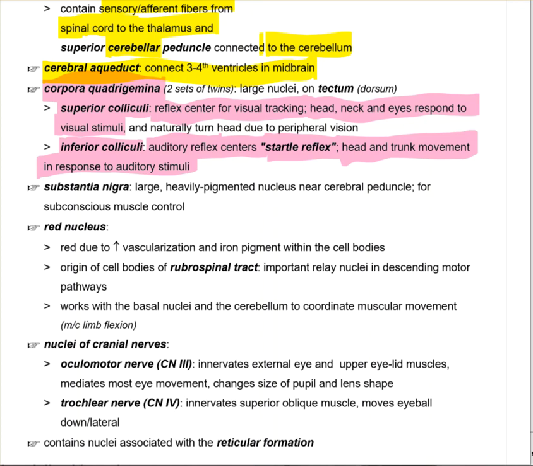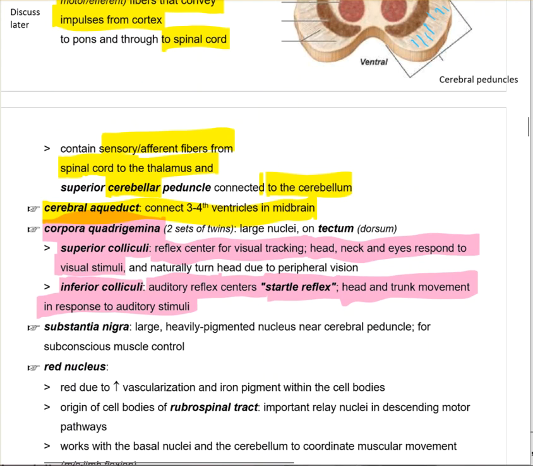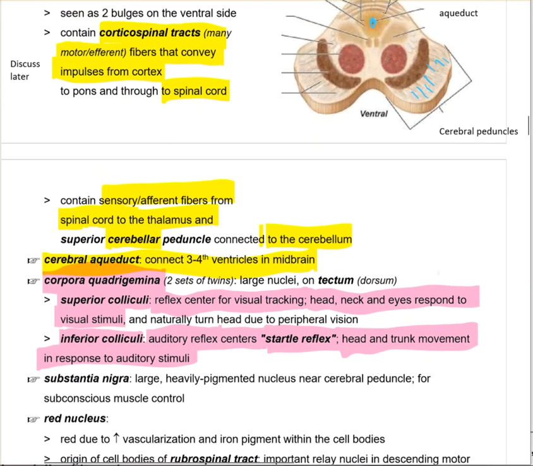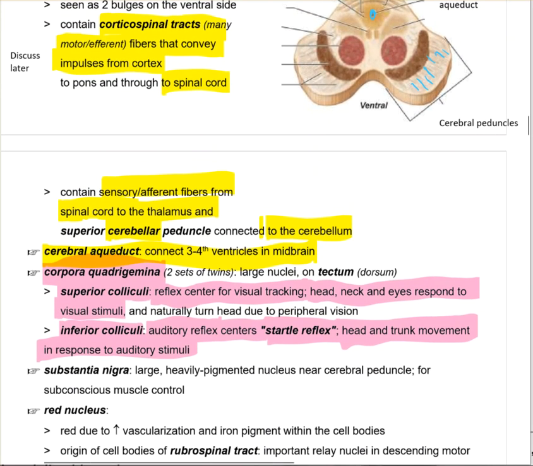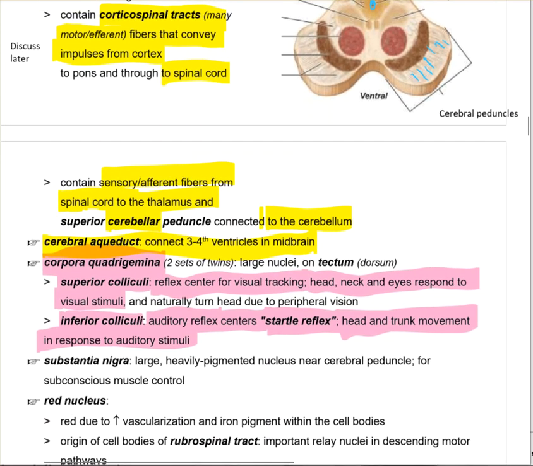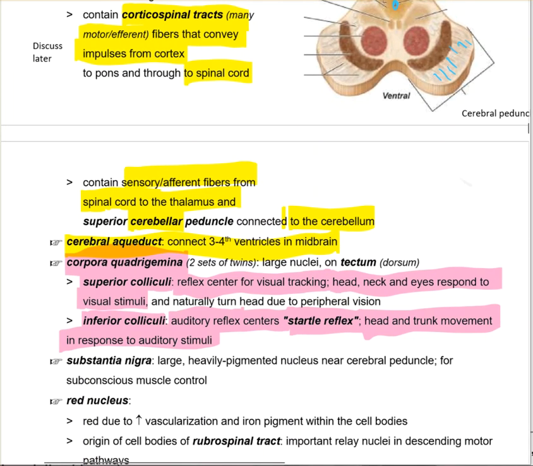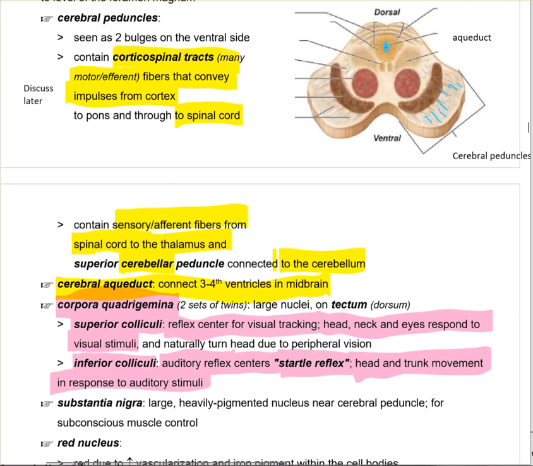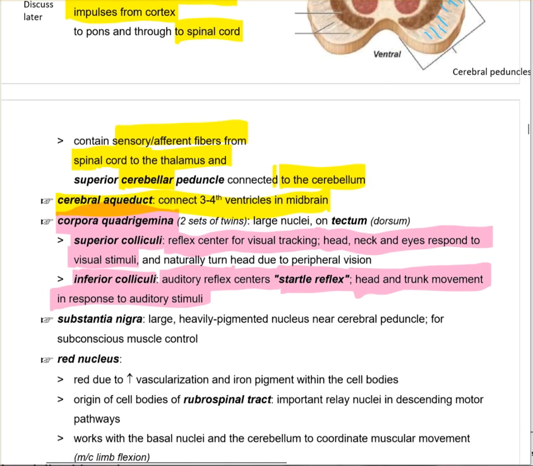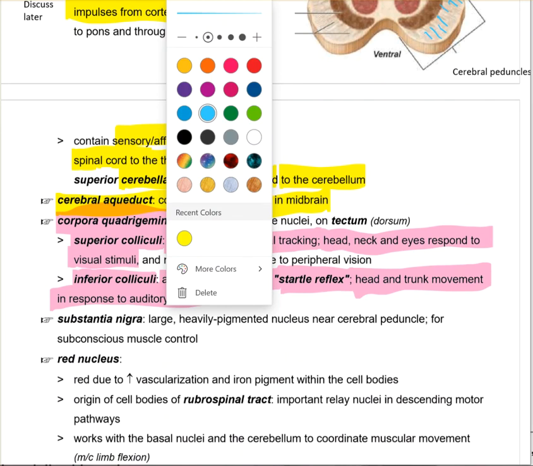All right, the last two things we want to talk about here are the substantia nigra, all right, and the red nucleus. And so the nigra is right here, and what I usually do, and I'm going to do it here because we just don't have a lot of room to type in things, is I'm going to make one in different colors. So we'll do one in kind of a grayish color, and we'll put a little star right here.